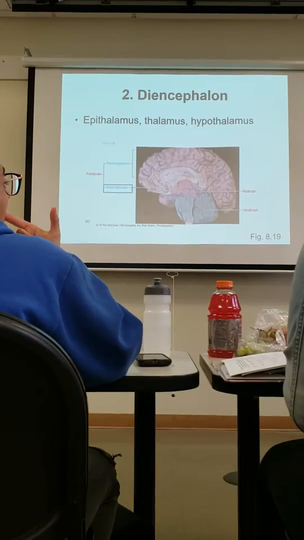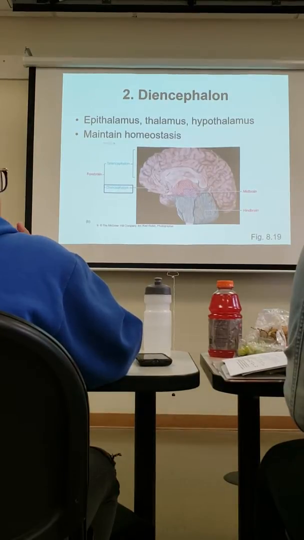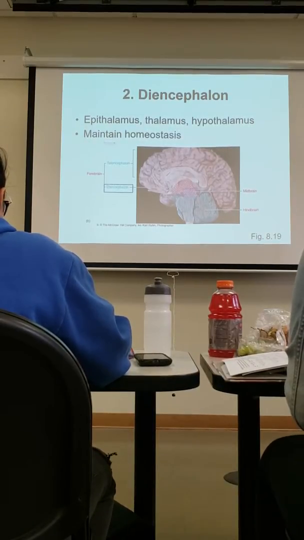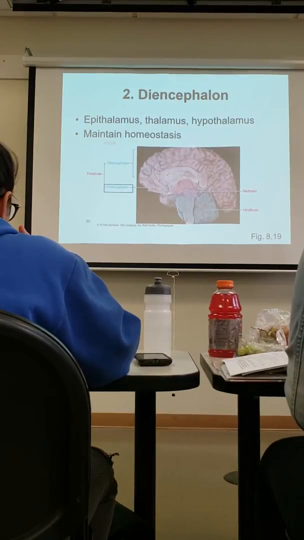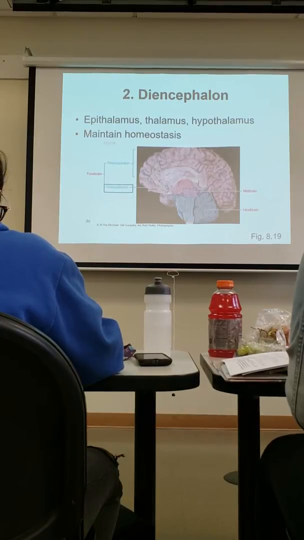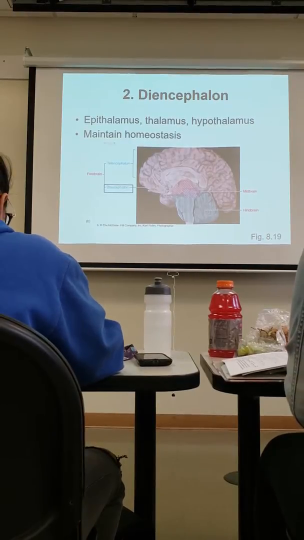The important thing is these three brain areas together often help you with maintaining your homeostasis. We know homeostasis as a nice, steady, stable body environment. One of the main examples we started off with in lecture number 1 was body temperature. When we say we want to make sure our body temperature is set to about 37 degrees Celsius, it's actually your hypothalamus that sets that temperature mark and tries to keep your body at 37 degrees Celsius or 98.6 degrees Fahrenheit.